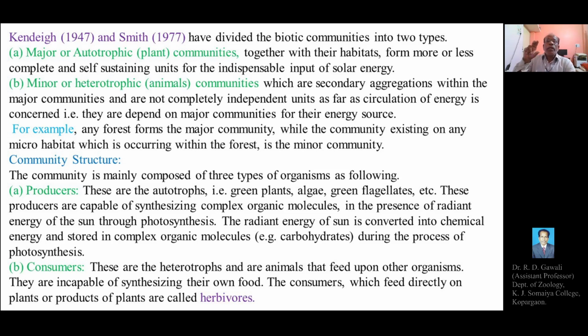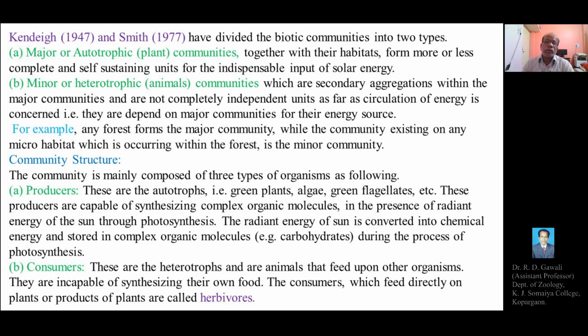So the community is mainly composed of three type of organisms. One is producer, that is green plants, and second is the consumers. So the consumers are heterotrophs, completely dependent upon the plants or the autotrophs or the producers for their energy need or the food. And the heterotrophs are the animals which are feeding upon the other organisms or the plants or the plant products, called as herbivores or primary herbivores.